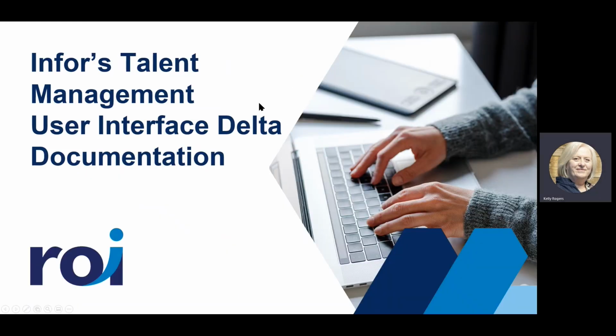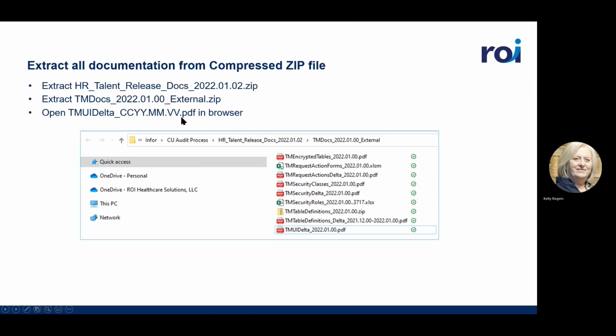All right, now that we have our zip file for the monthly CU, we're now going to need to extract out the user interface Delta documentation for our analysis. So initially you want to extract all documents from the primary zip file, HR Talent Release Docs.